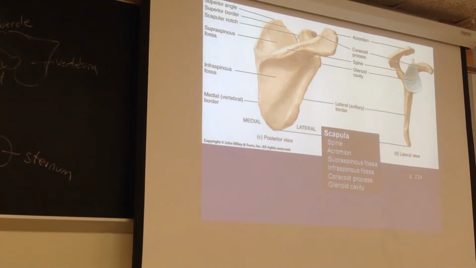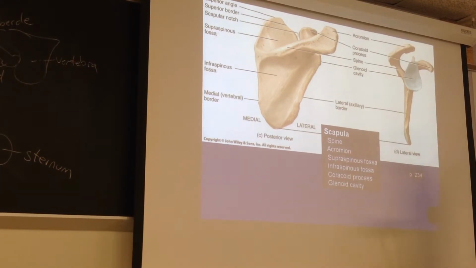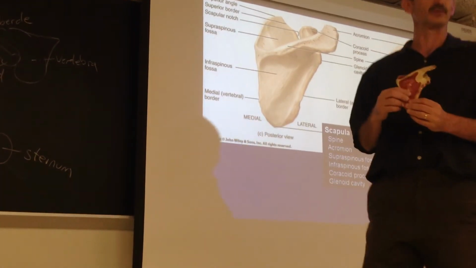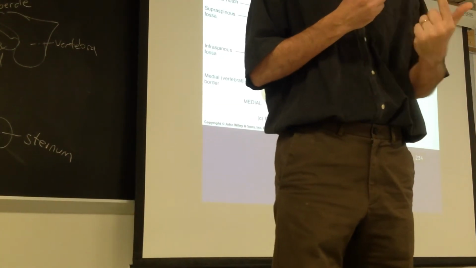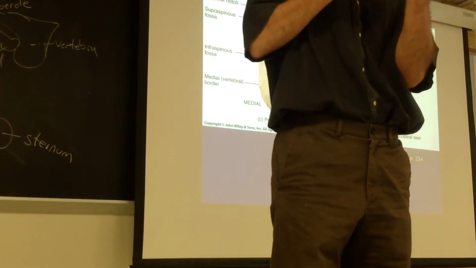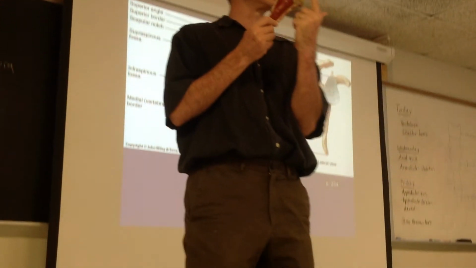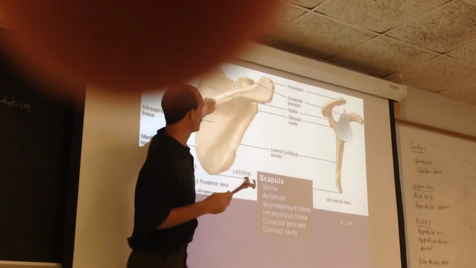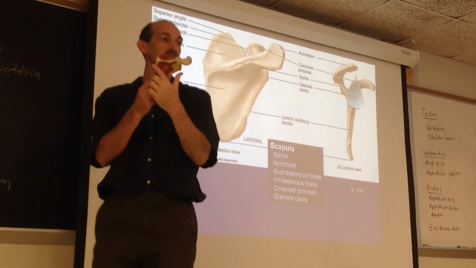I'm already there. Okay. The rest of the scapula, structures that you have to know, and there are several features on this one. It's best first to get yourself oriented by finding the spine. The spine is this long ridge. In fact, that's what spine typically means, a long ridge. So this long ridge here is the spine of our scapula.